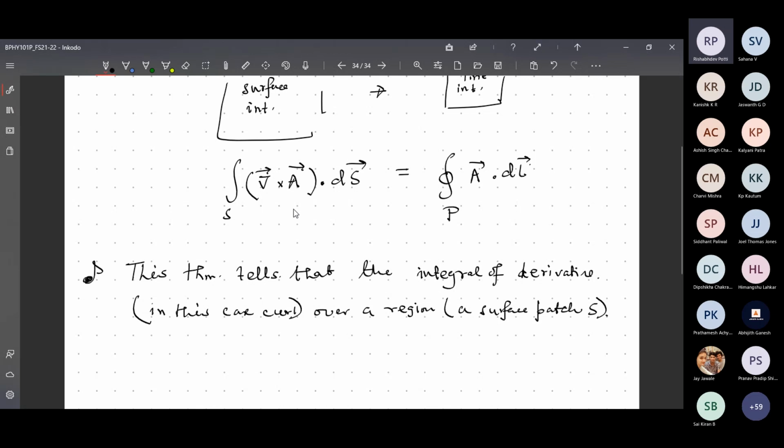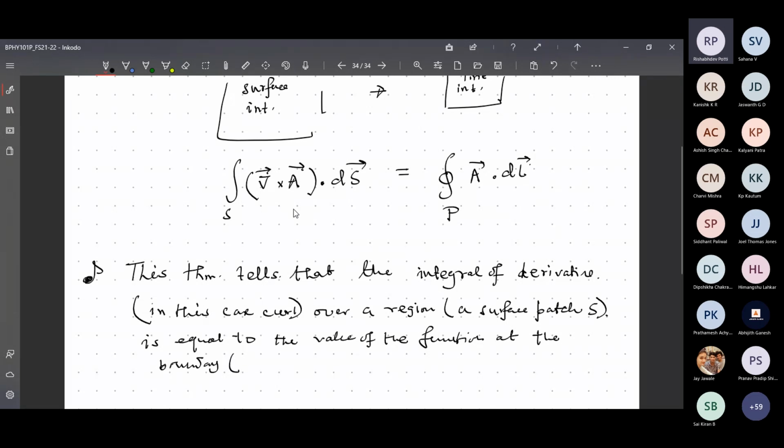The integral over S is equal to the value of the function at the boundary.